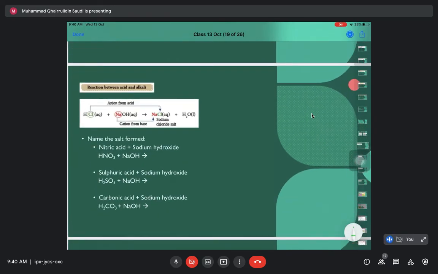Kalau kat sini we use nitric acid plus sodium hydroxide. So what is our name of our salt? Sodium nitrate. Yes, sodium nitrate.